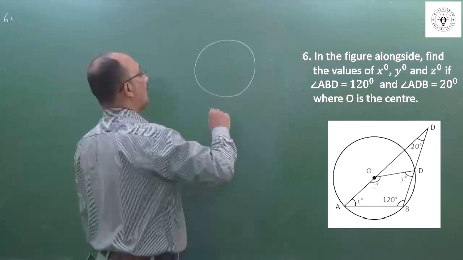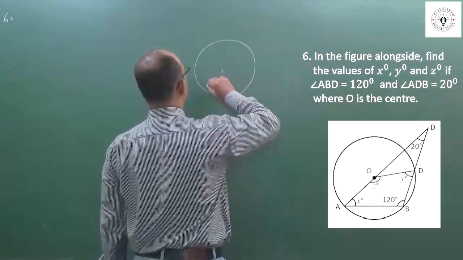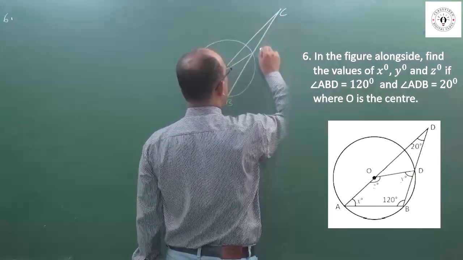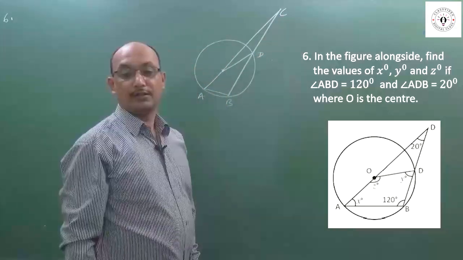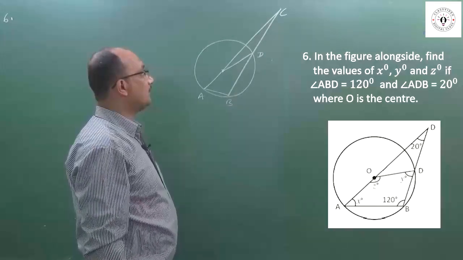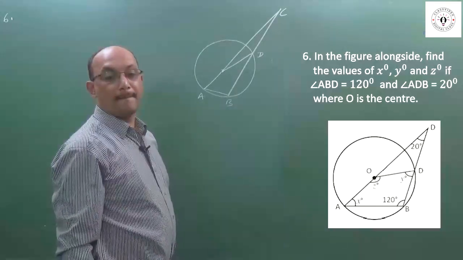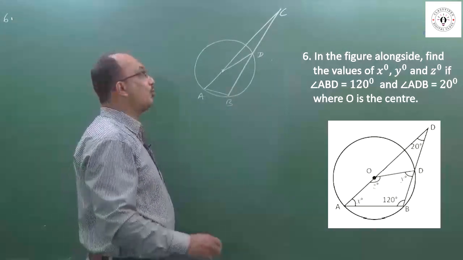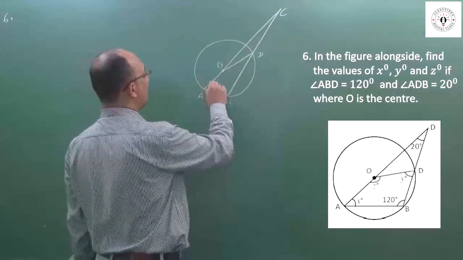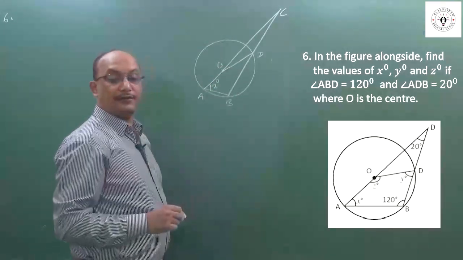This is a circle and center. This is B. Then you can write C. This is D. And then this is O. This angle is X degrees.